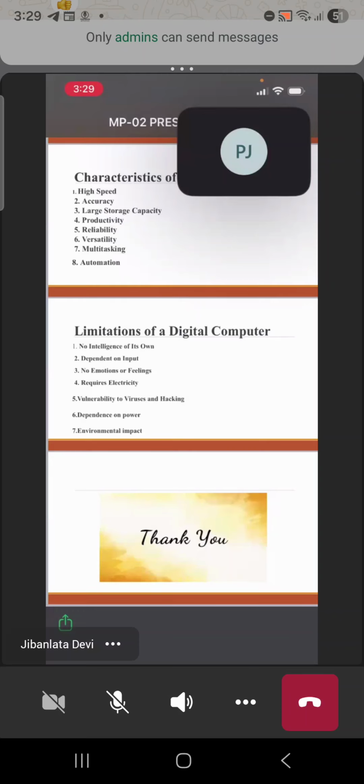The user has to give the instructions, so the computer will work according to the user. It is dependent on input. The computer will give results which are totally dependent on the input, the data which are put in.